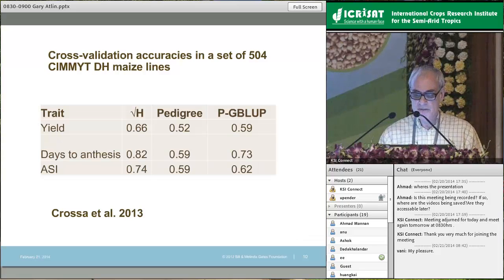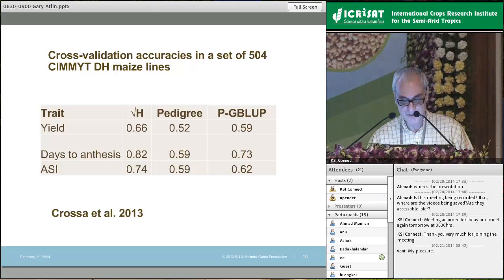Pancho Crosa has just published a very interesting comparison of the accuracy of pedigree, phenotypic selection, and BLUP in a set of about 500 maize doubled haploid lines. Apologies, Pancho, if you're going to show this again this morning, but you'll do it in more detail, I'm sure.